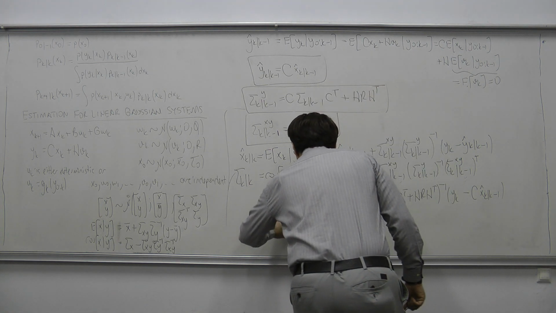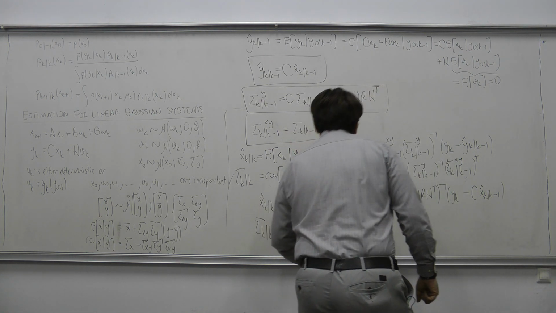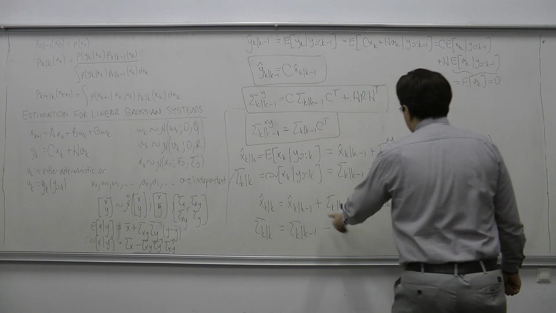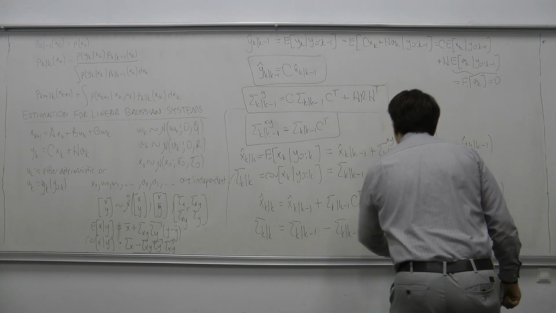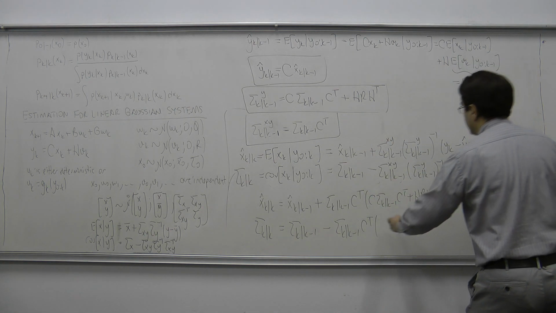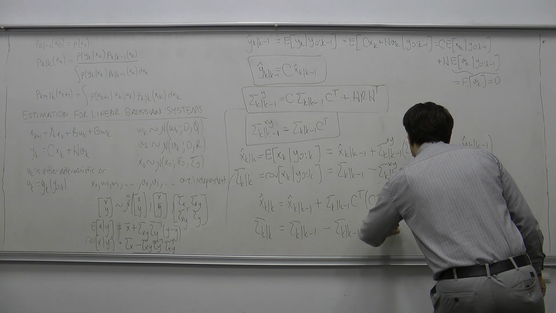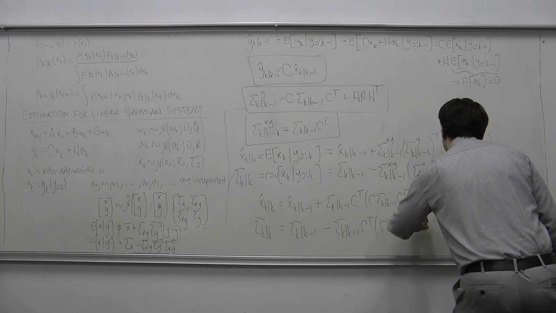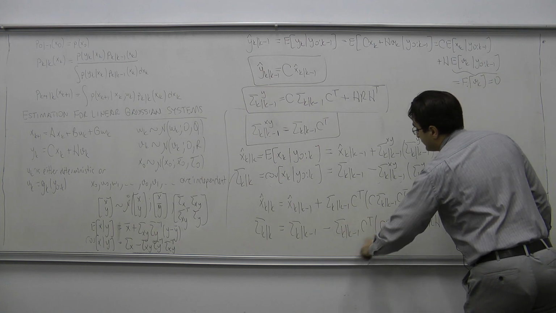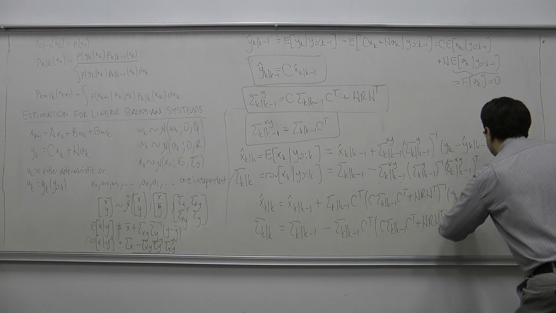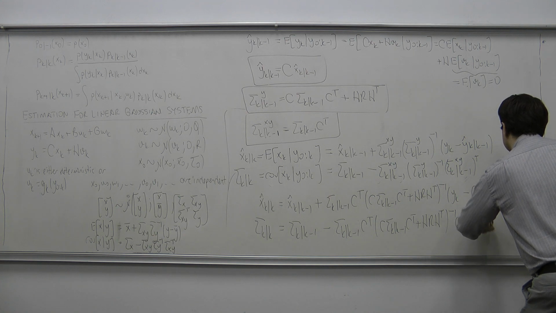That is sigma k given k minus 1 minus, I would have the same term, sigma k given k minus 1 C transpose times this thing inverse again, C sigma k given k minus 1 C transpose plus H R H transpose inverse, times the covariance of the same thing, C sigma k given k minus 1.